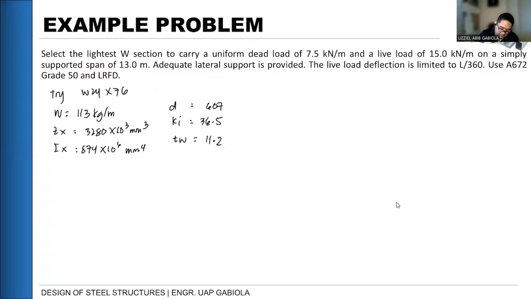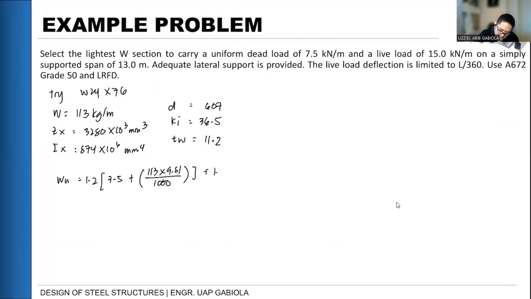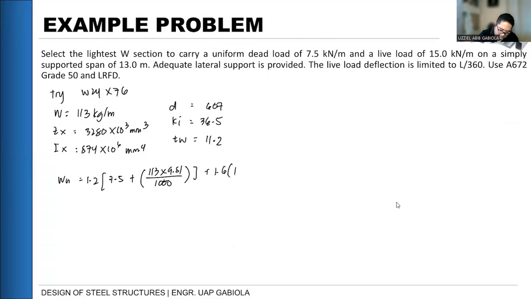Okay? Ayan. Check natin ulit for flexure. So, kailangan natin is yung Wu natin is equals to 1.2 times (7.5 plus yung weight natin na 113 times 9.81 over 1,000 para maging kilonewton per meter) plus 1.6 times nung ating live load, 15.